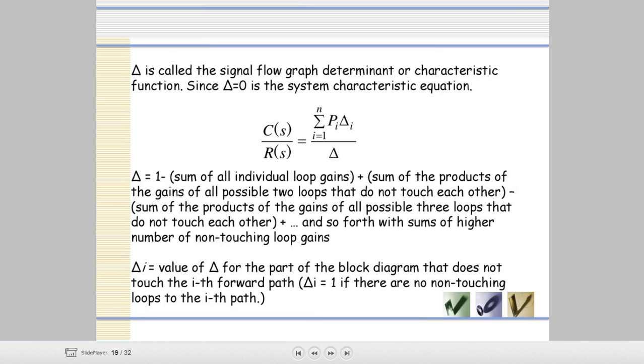That will not touch the first forward path, that is ith forward path. Delta i is equal to 1 if there are no non-touching loops to the ith forward path. This is a very key point.